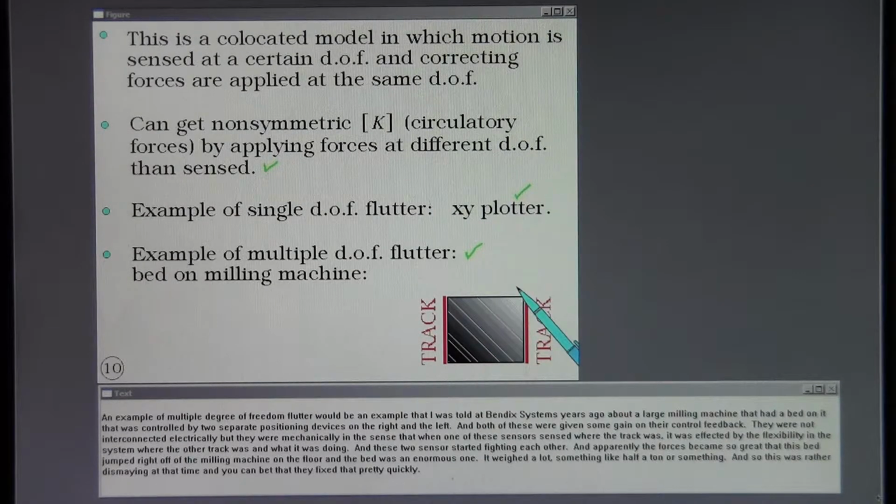It weighed a lot, something like half a ton or something, and so this was rather dismaying at that time, and you can bet that they fixed that pretty quickly.